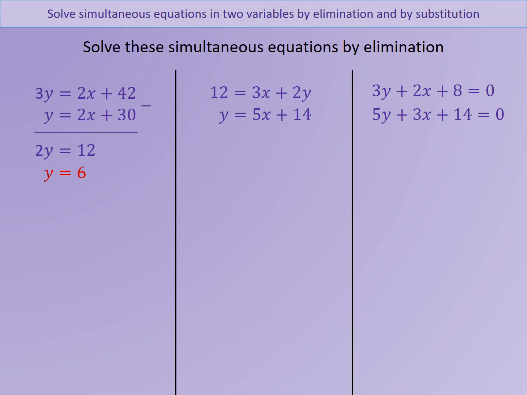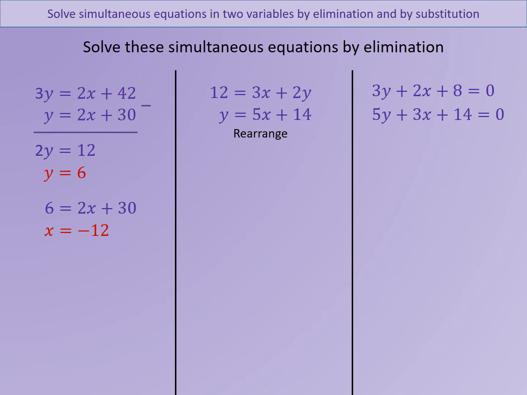First value found, and then I can take that value of 6 and place it into either of the two equations at the top. So I'm choosing to put it into the bottom of the two equations, and then I would rearrange this equation to give x equals minus 12. Before I move on to the second one, don't forget that you can check that both of those values are right by substituting them into the first equation, and indeed it does work for this example.